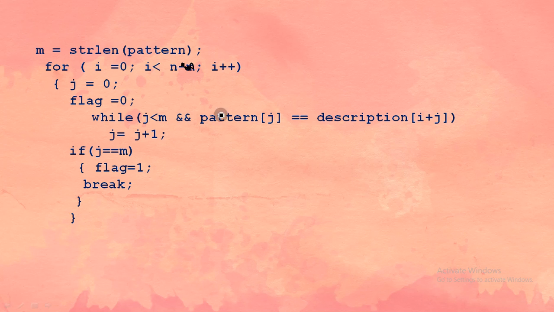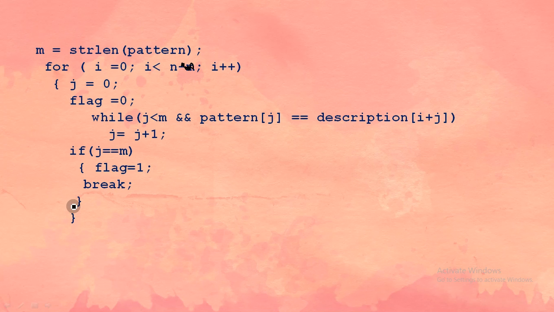Let us say j is less than m, it has moved to the last point, and in every movement of j, this is a matching. Then at the end, if all the characters of the pattern match, j will be equal to m. If j equal to m, then flag equal to 1 and break. We can come out of this for loop. There is nothing like continuing.